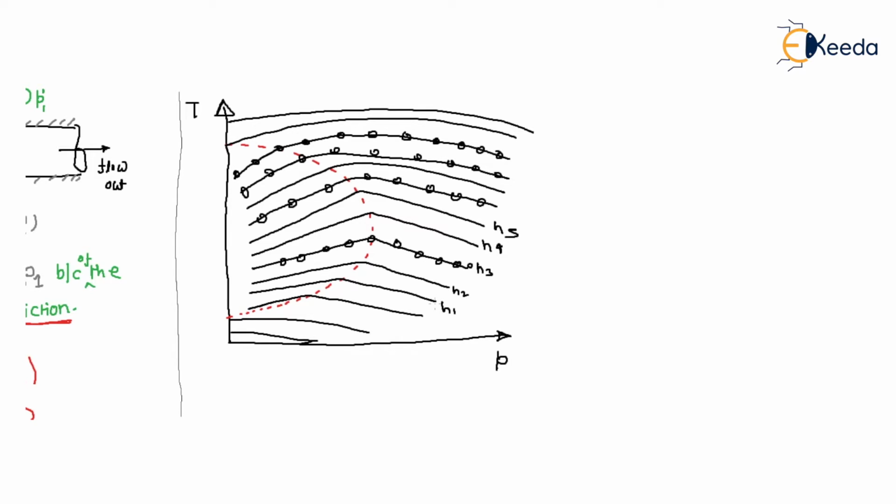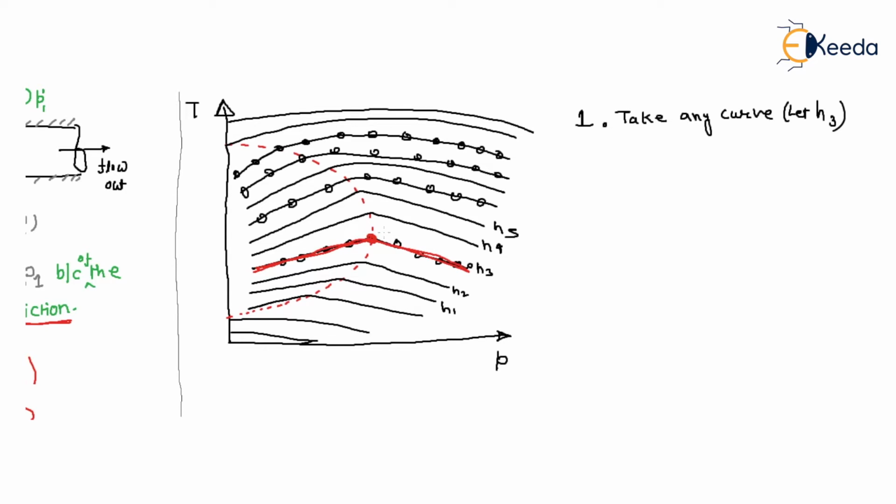So what you observe is, first, take any curve. Let's suppose we take the H3 line. This is the isenthalpic line, right?